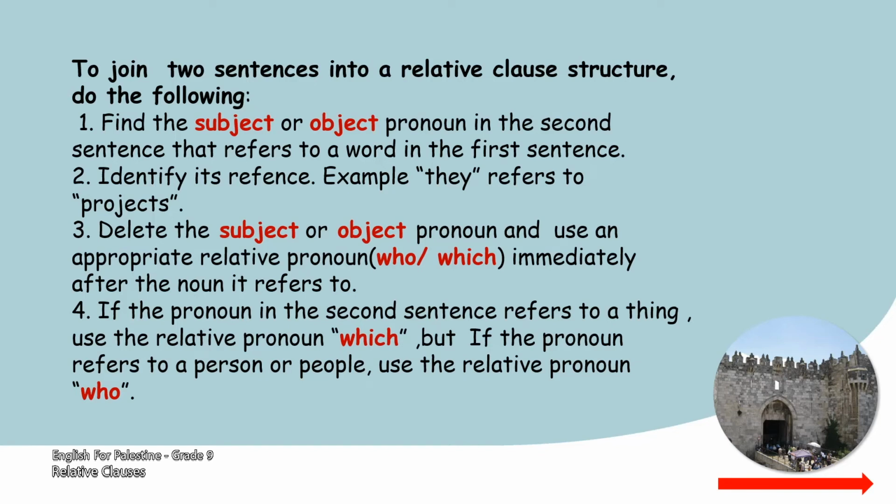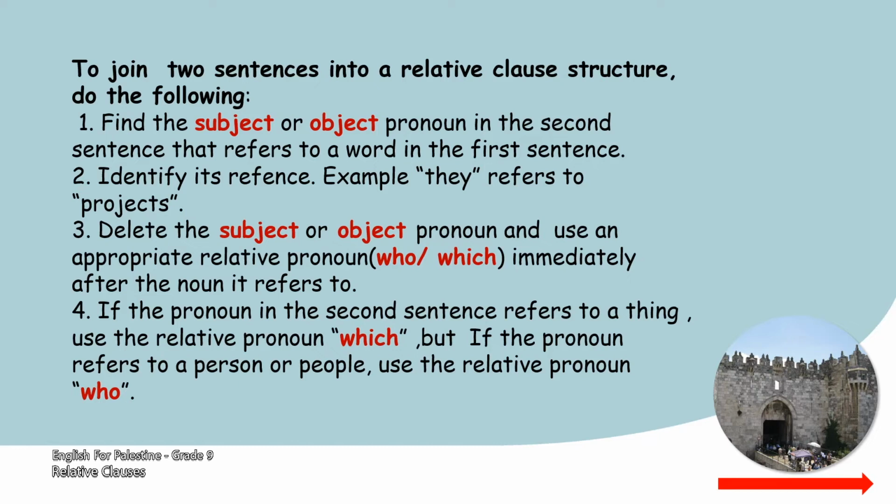We do the following. 1. We find the subject or the object pronoun in the second sentence that refers to a word in the first sentence. The second step is that you have to identify its reference. Example, "they" refers to projects.